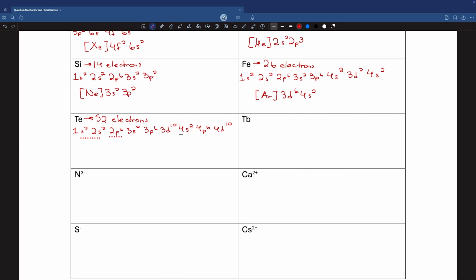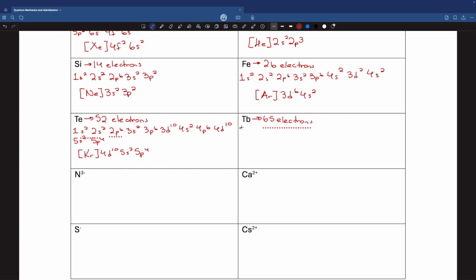And at this point, if you count, we should be short 6 electrons. So the last two shells that we have is 5s2 and 5p4. And the largest noble gas that has less electrons than tellurium is krypton, which leaves the shorthand electron configuration 4d10, 5s2, and 5p4.